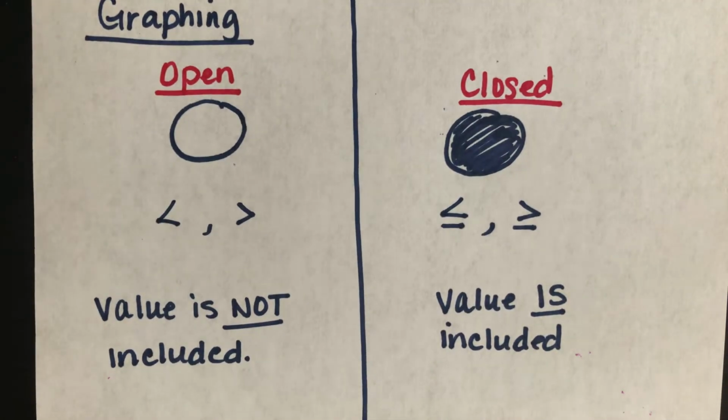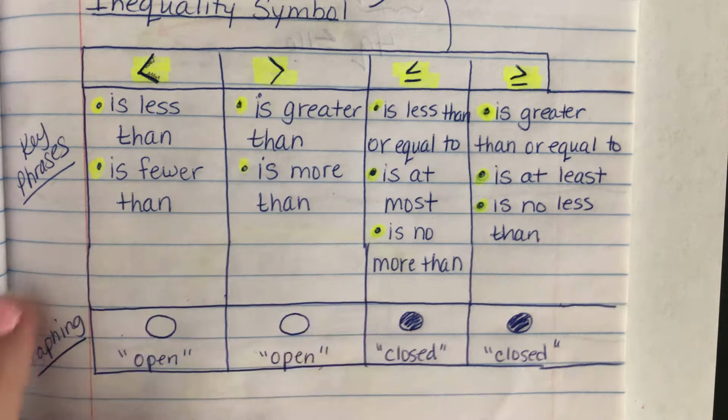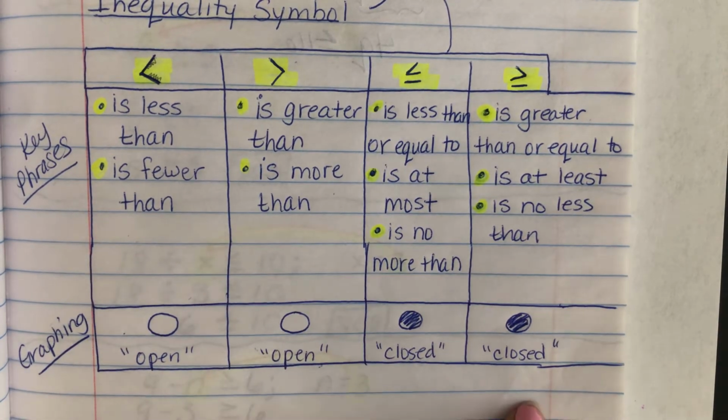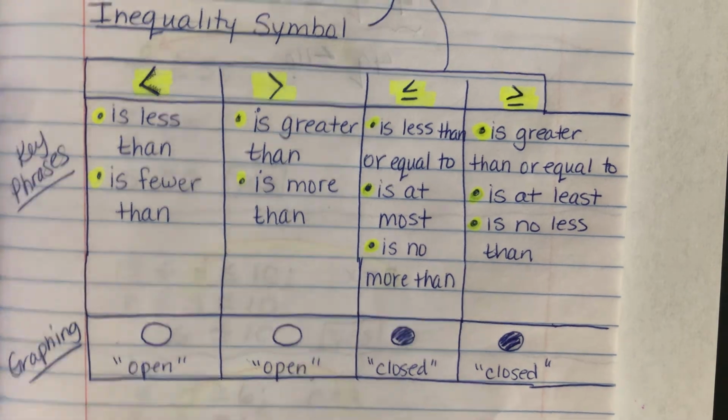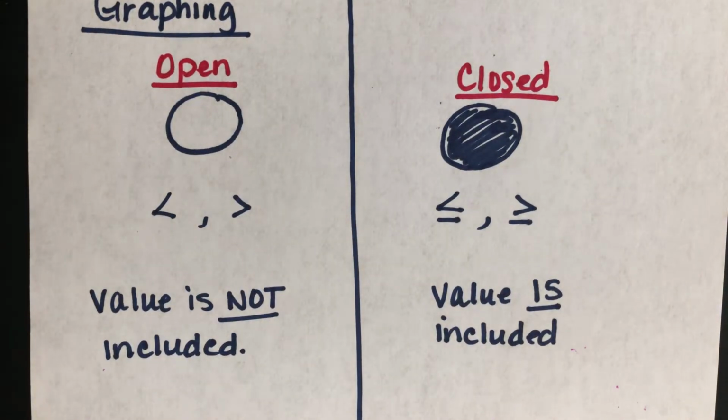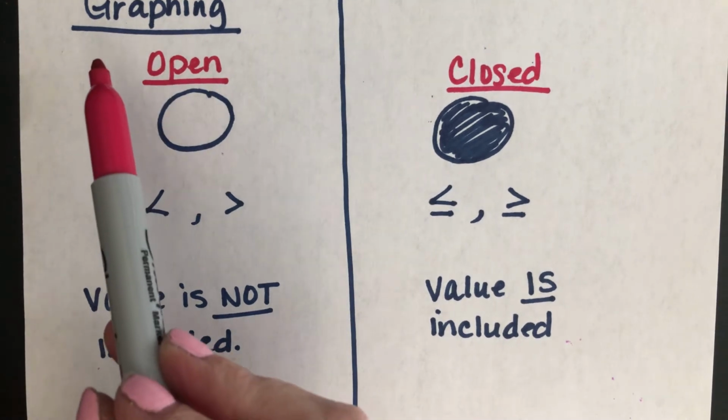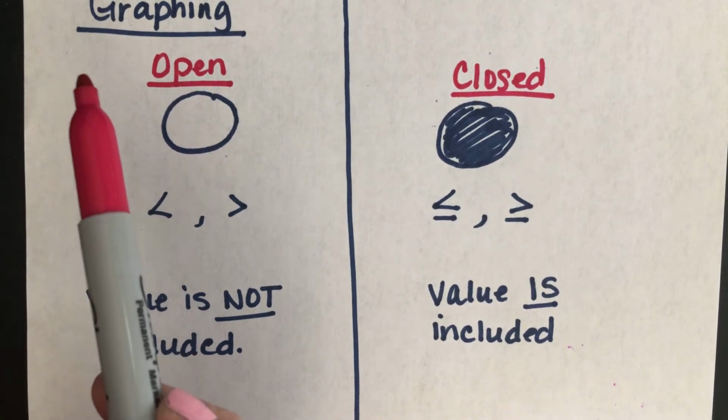So the other day in our math journal, we talked about our inequality symbols, some key phrases, and we talked a little bit about graphing. I actually just had you draw this and said we would come back to it. And we talked about open and closed circles. First of all, we have the graph of open circles.